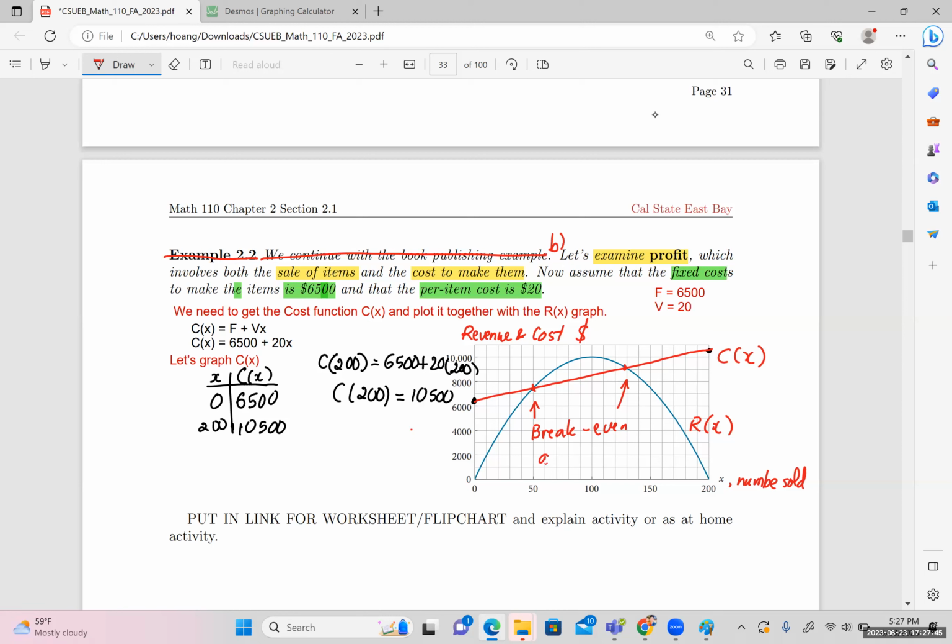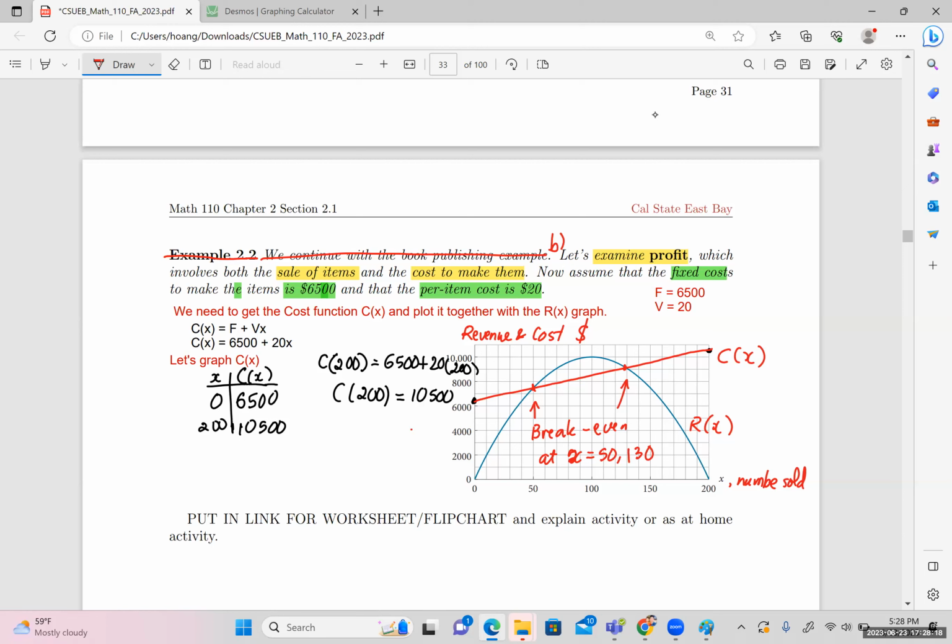It's going to be at x equal to 50, or I'm going to say 130. This is by eye. If you want to find it exactly, you may use the decimal, or you have to solve for where revenue equals the cost to find the break-even point.